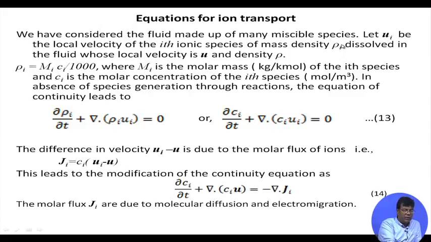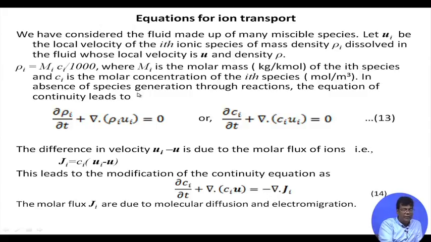Now, this mass density can also be related with the molar concentration by this relation, because it is moles per meter cube. So, by this relation C i is the molar concentration of the ith ionic species.